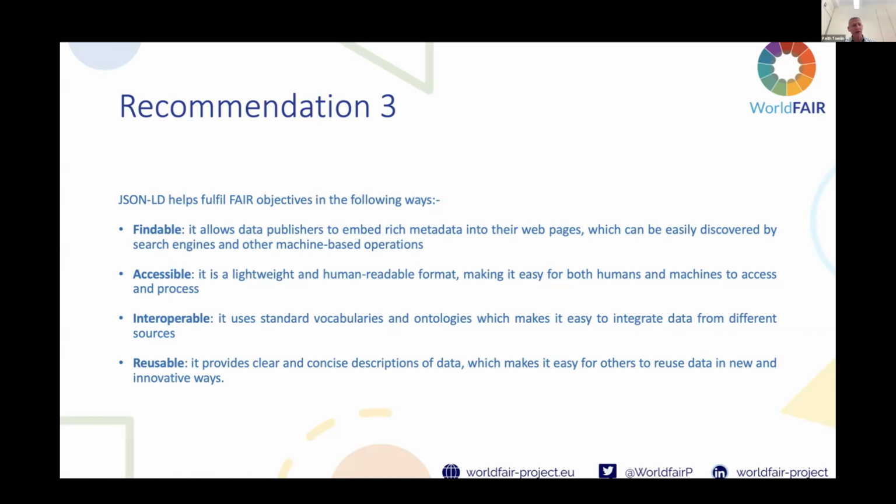And again, these are things which require quite specific resourcing in order to make them efficient and effective.